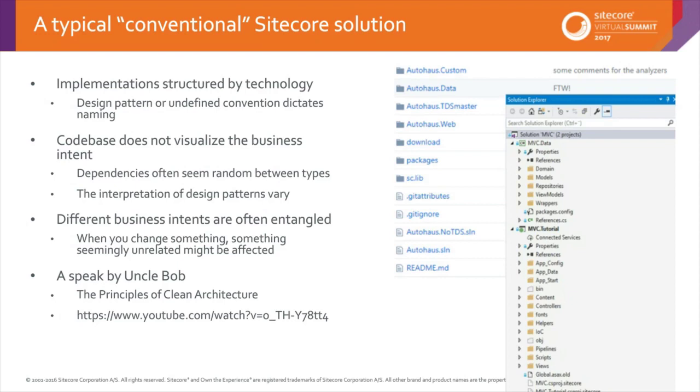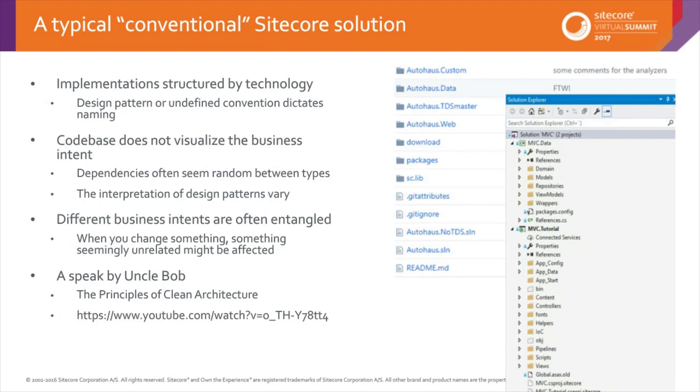The code base will often be structured by its technical implementation, by a specific design pattern, or even a specific framework. This makes the dependencies rather unclear. Often you cannot really just visually get an overview of how the different entities in the solution depend on one another.